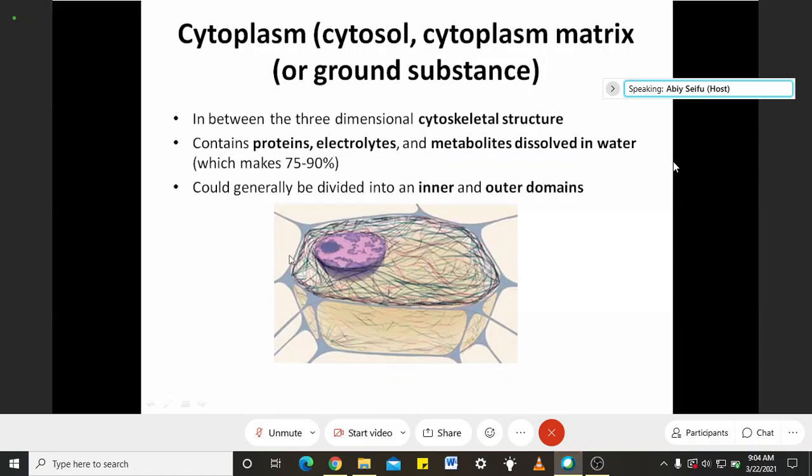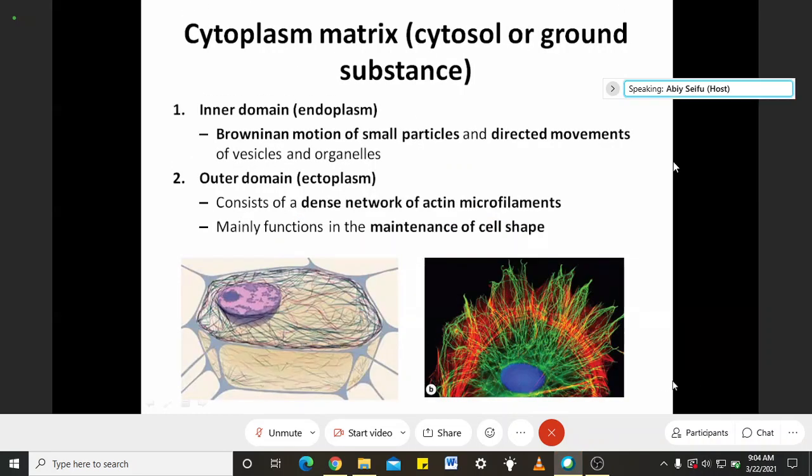The cytoplasm could be divided regionally into two. One is the inner region and another one is the outer region. If we look at this picture here, we can see it color coded.